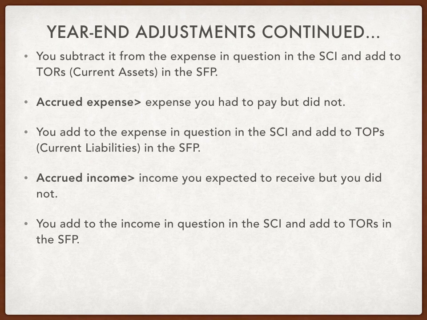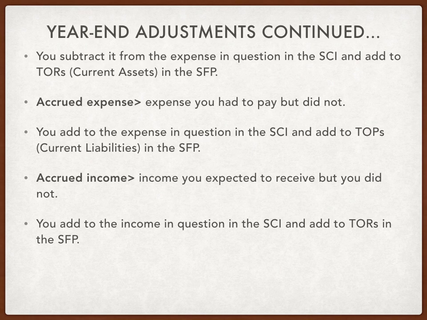So you'll take that expense in question in the statement of comprehensive income and add to trade and other payables because you owe your suppliers some cash. So you'll record that under current liabilities in the statement of financial position.